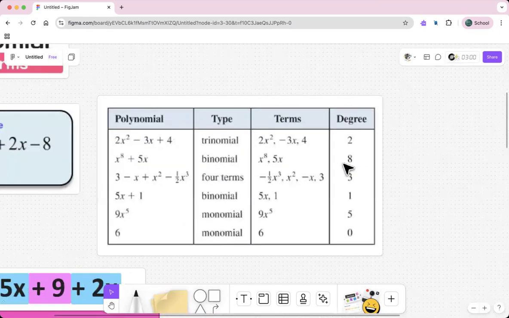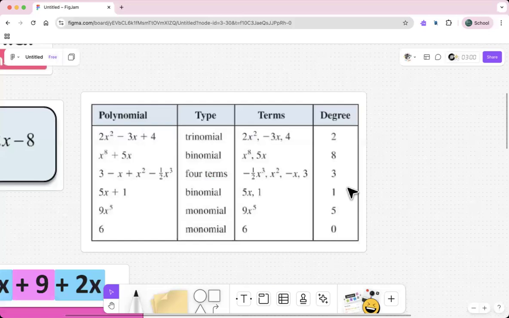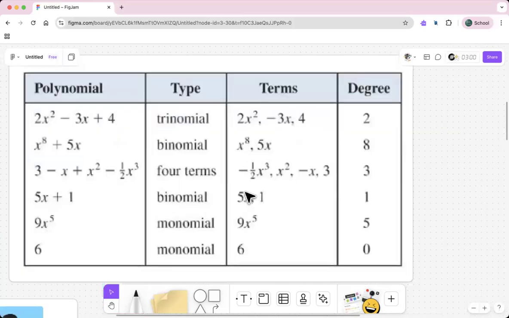So I prepared a little chart here. I'm going to zoom in on this chart. I have 2x squared minus 3x plus 4. We have 3 different terms attached together, so that would make this particular example a trinomial.